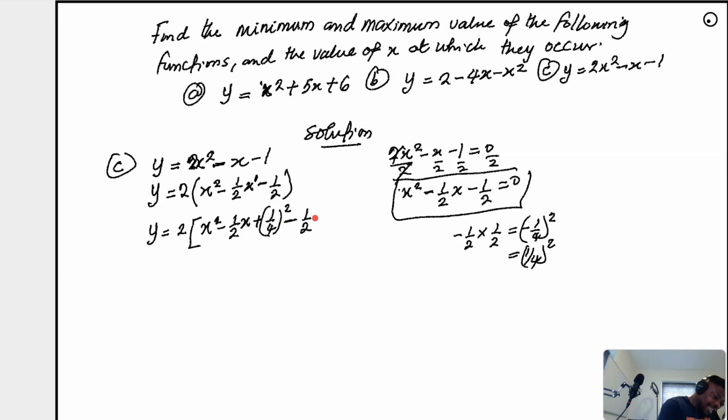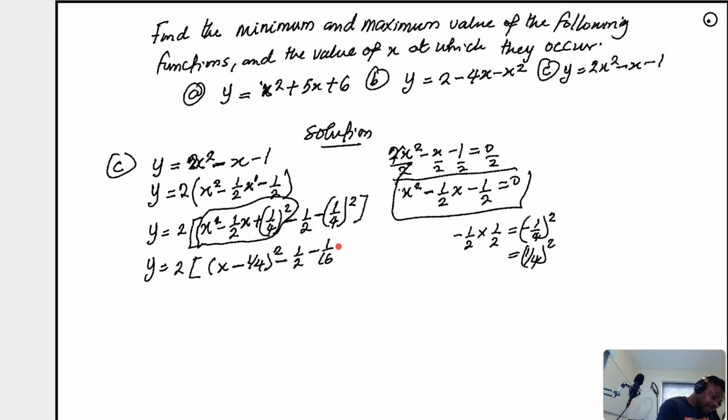Remember, you always put the negative of that, that is minus 1 over 4 squared. So this is y, 2 bracket, and remember this one itself is x minus 1 over 4 squared.